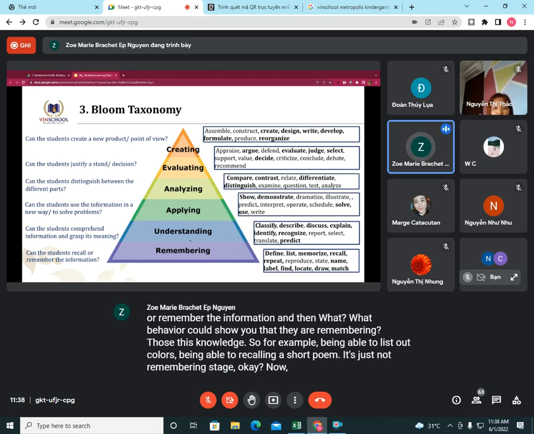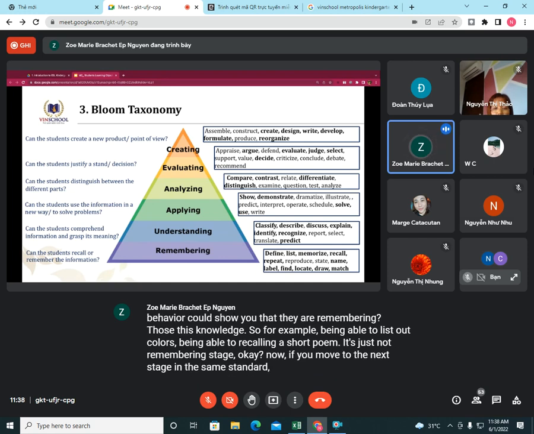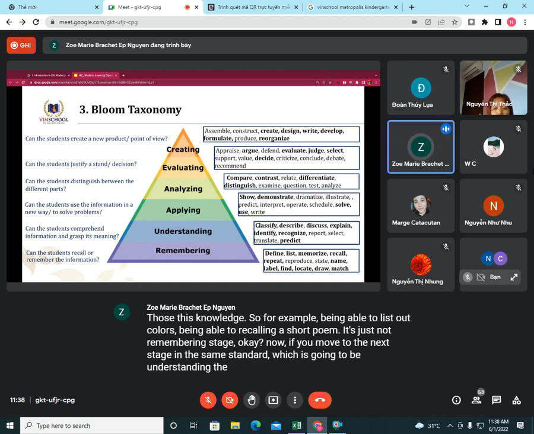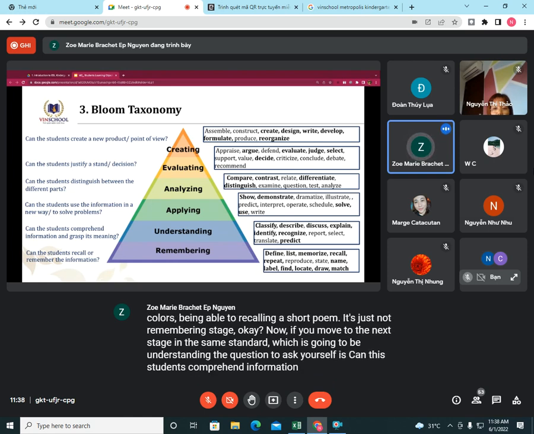Now, if you move to the next stage in the same standard, which is going to be understanding, the question to ask yourself is, can the students comprehend information and grasp its meaning?